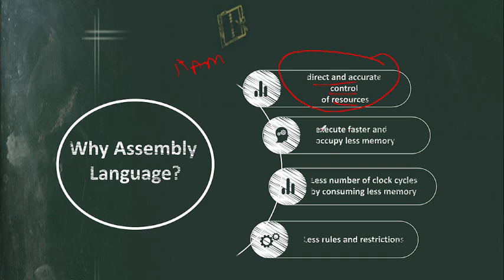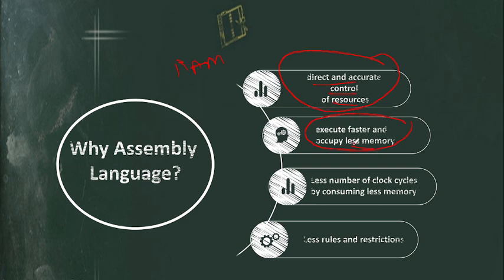The next thing is that it executes faster and occupies less memory. This is what I was talking about in the previous slide. We can execute faster because we are writing the program already in a form easily understandable by a machine. So no need for any converters here, it will directly execute, so the speed is going to be high. The memory will be less because we no need to convert the high level language into low level language, so we no need to store it.